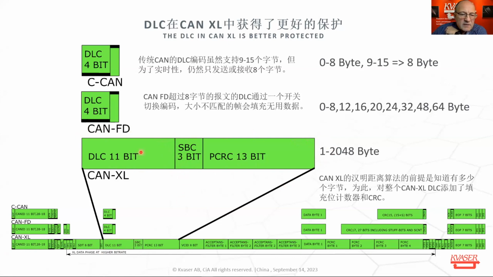And that is necessary because the theory of Hamming distance is only valid for the frame CRC if the data length code is correct. So it's very important to have a correct data length code to make sure that you can prove that the frame CRC actually has Hamming distance 6. So that's why we have to pay for these 16 extra bits here, to secure the Hamming distance 6.